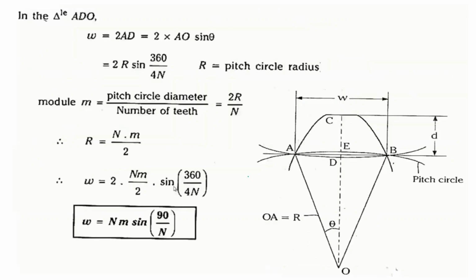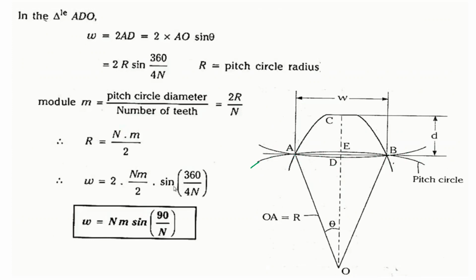So let us consider one gear tooth. This is the gear tooth profile, and this is the pitch circle. The AEB curve or arc represents the pitch circle, and we are measuring the ADB with the gear tooth vernier caliper.